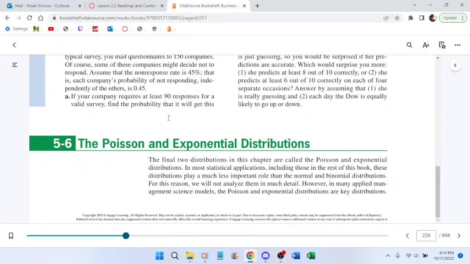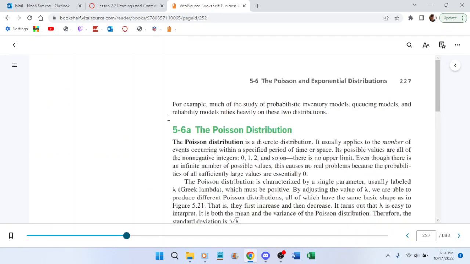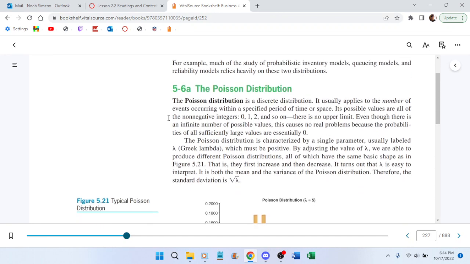Which is the Poisson and exponential distribution. Yeah, here. It's a discrete distribution. It usually applies to the number that's occurring within a specified period of time.